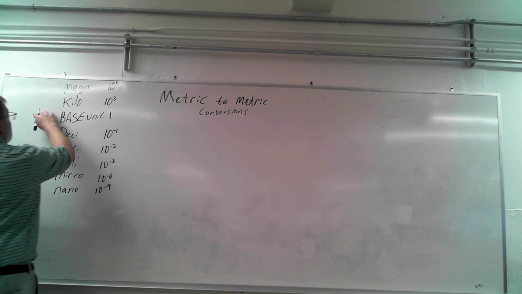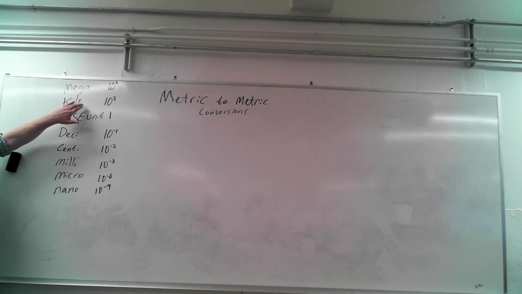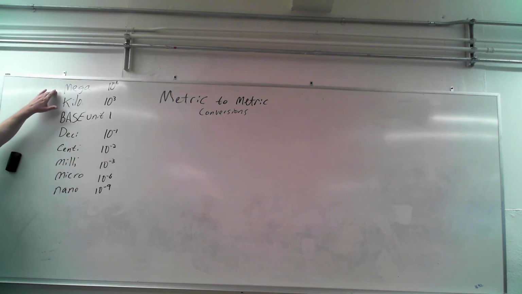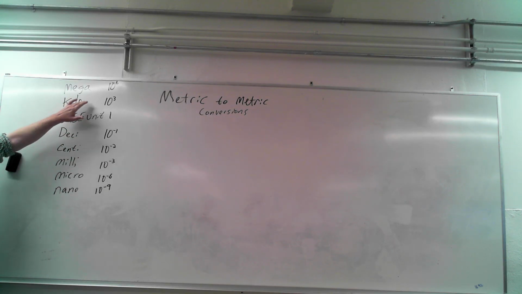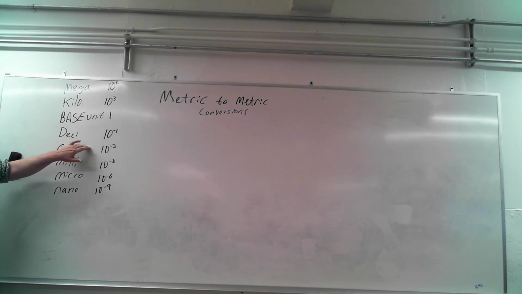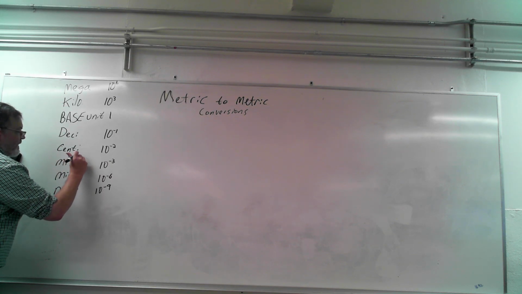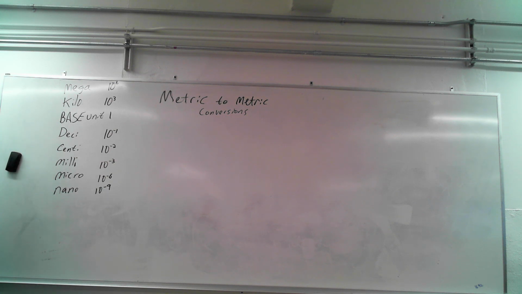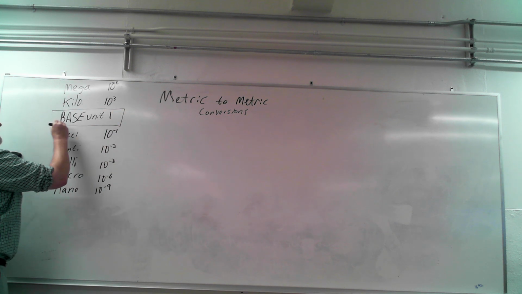You'll either see megameters, kilometers, decimeters, centimeters, or you might see megaliters or kiloliters or deciliters or centiliters, milliliters. So without that unit there, it's just a little confusing. But basically what you're going to need from this is, most charts don't include the base unit either.